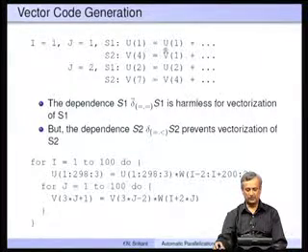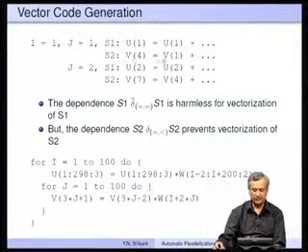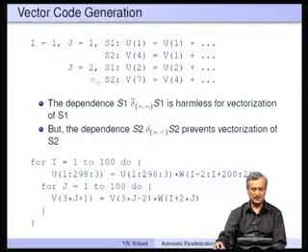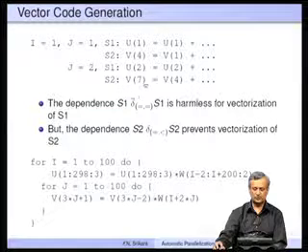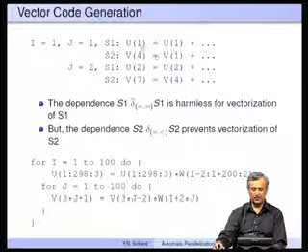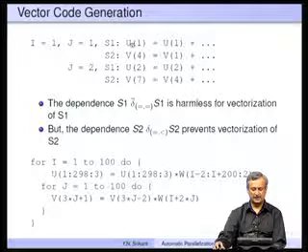S1 becomes U1 equal to U1 plus something, S2 becomes V4 equal to V1 plus something, and when we change j to 2, S1 becomes U2 equal to U2 plus something, and S2 becomes V7 equal to V4 plus something. You can observe that this particular U1 is read and then written into, this is called anti-dependence.